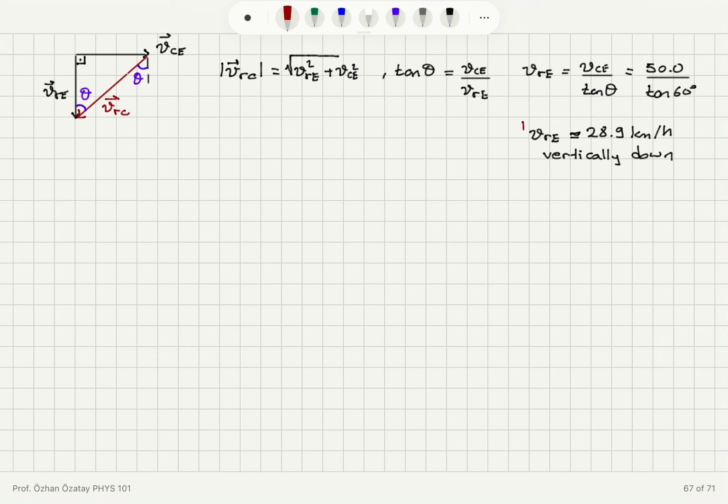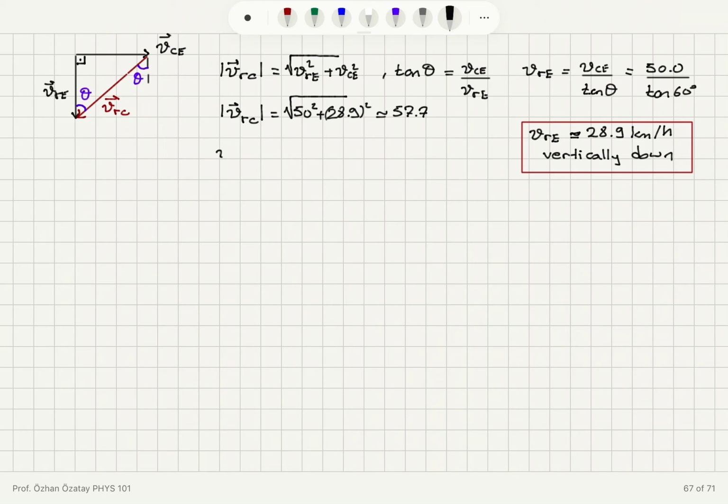So this is the velocity of the raindrop as reported by an Earth observer. On the other hand, the magnitude of the velocity of the raindrop with respect to the car is square root of 50 squared plus 28.9 squared. This gives us roughly 57.7.